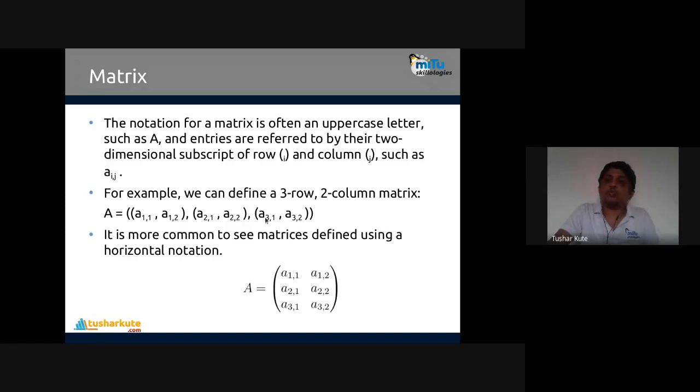Then row 3 column 1, row 3 column 2. So this is 3 rows and 2 columns. It's common to see matrices defined using a horizontal notation. Check this notation: A equals the matrix shown in parentheses, 3 rows and 2 columns. The row number i comes first and then the column number j comes after it.